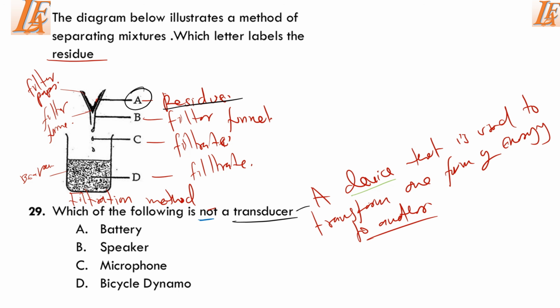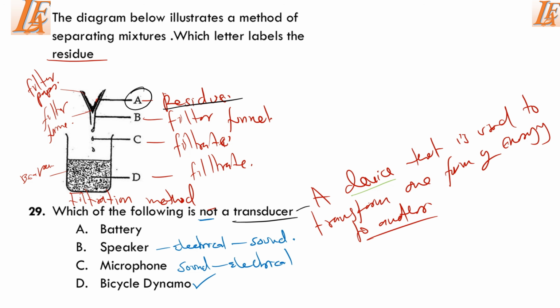C, a microphone, is a transducer which transforms sound energy to electrical energy. Then we have a loudspeaker which transforms electrical energy back to sound energy.